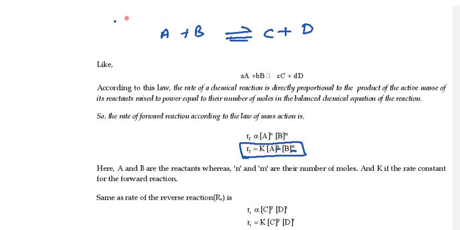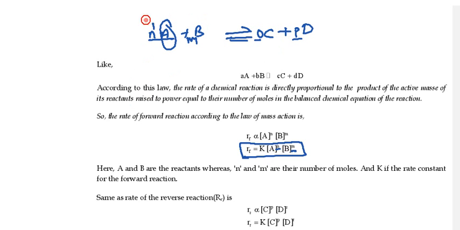Suppose n moles of a and m moles of b are converted into o moles of c and p moles of d. The number of concentration increases. So if active mass is directly proportional, the number of moles is also directly proportional.